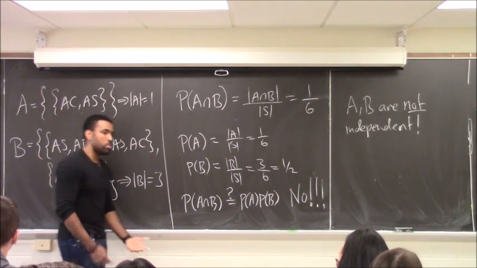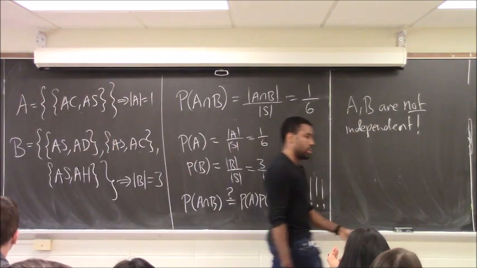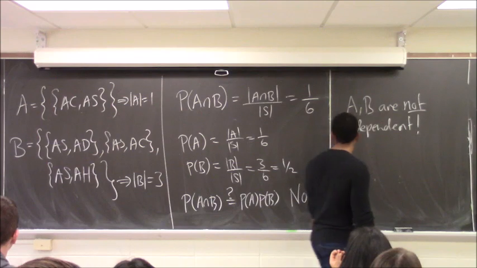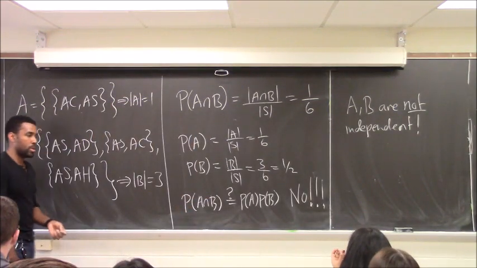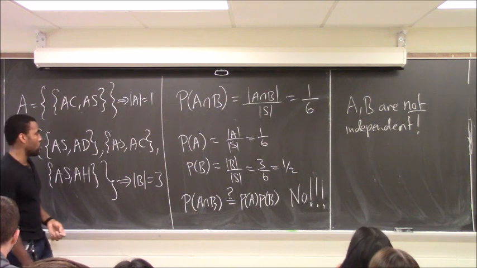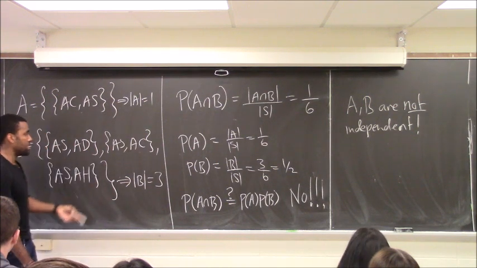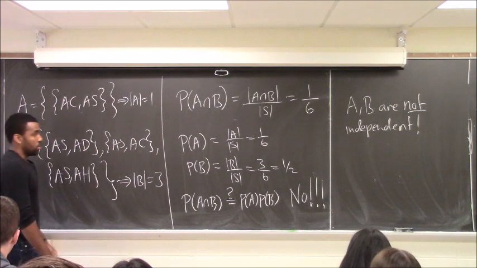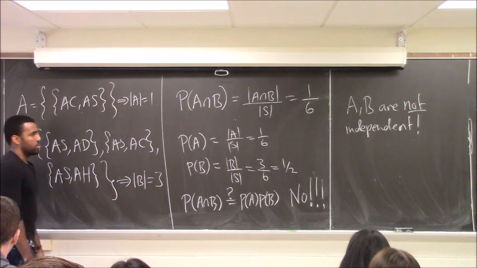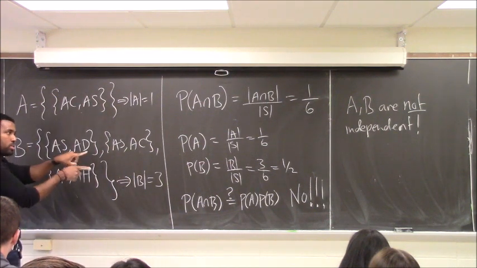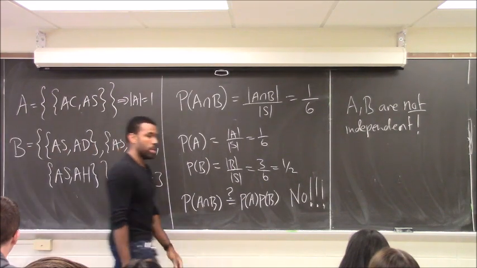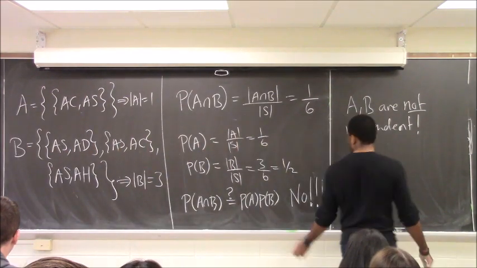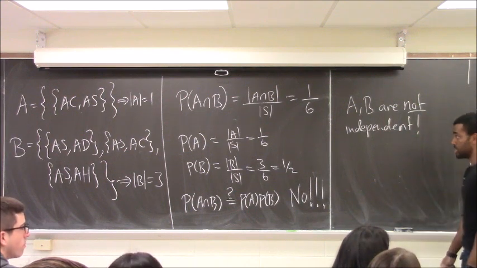So they wouldn't be independent. One would actually affect the other. If I know B happened, it definitely changes the chances of A happening, because the chances of A happening will go from 1/6 to a third. So knowing that one happened will actually affect the other one happening. So these are not independent, and multiplying the probabilities to find the AND would actually be incorrect.